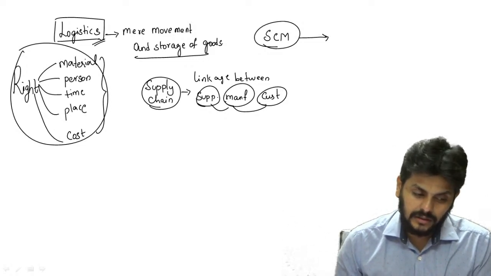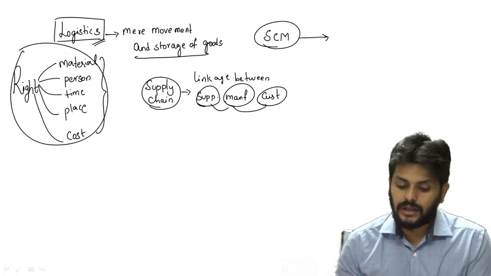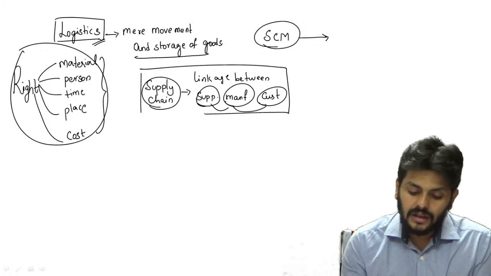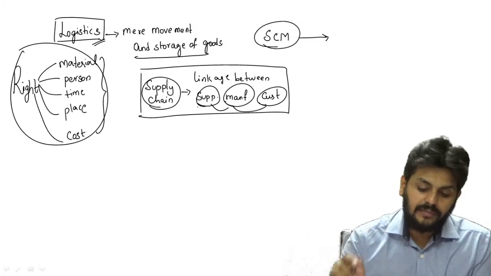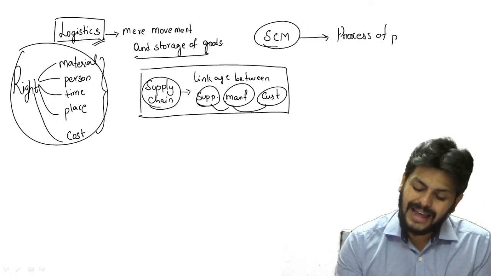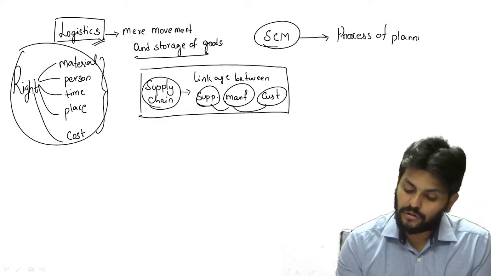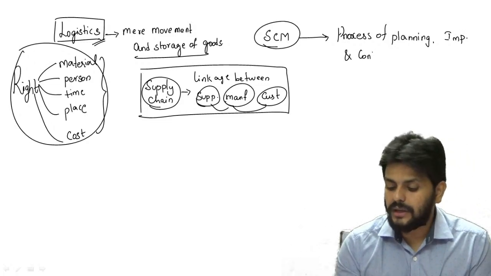These are the very important parts of the supply chain. Now managing the supply chain is a process of planning, implementing and controlling.